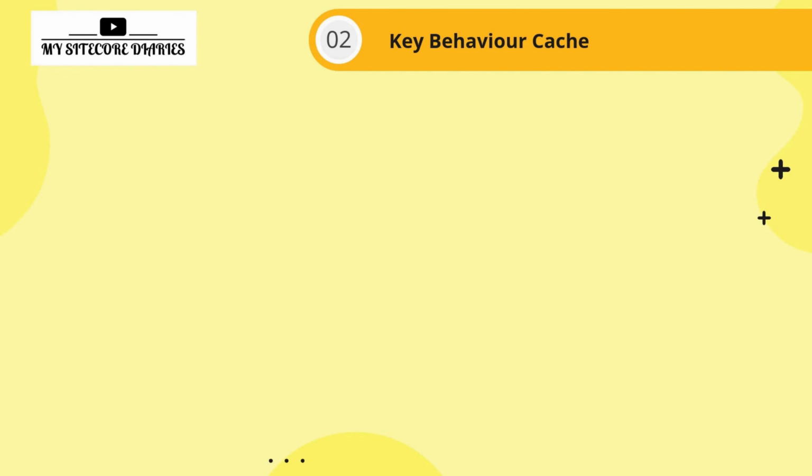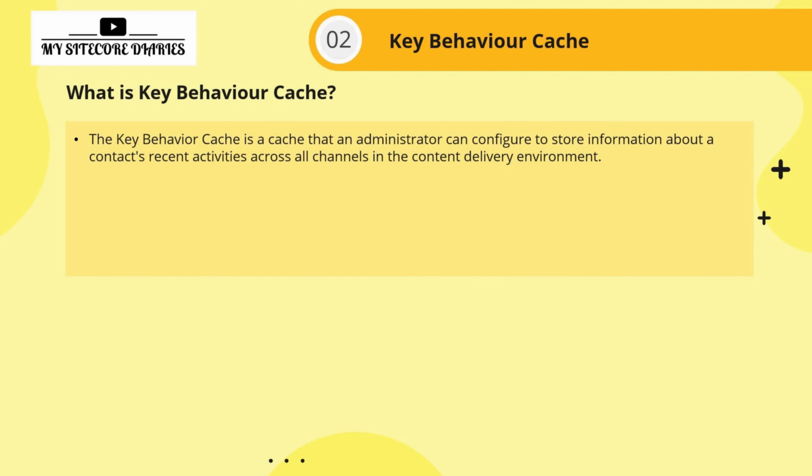Key behavior cache. For historical personalization, the key behavior cache is very important. What is the key behavior cache? The key behavior cache is a cache that an administrator can configure to store information about a contact's recent activities across all channels in the content delivery environment.